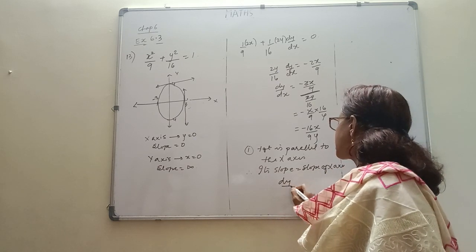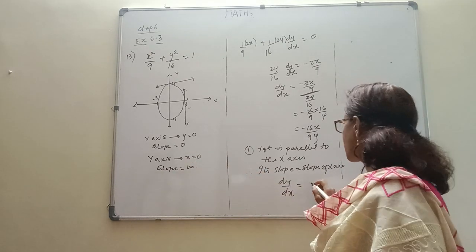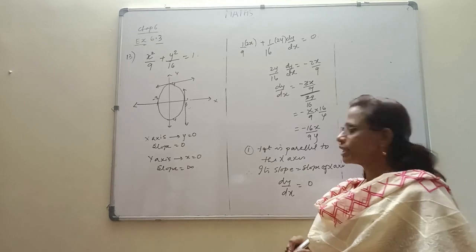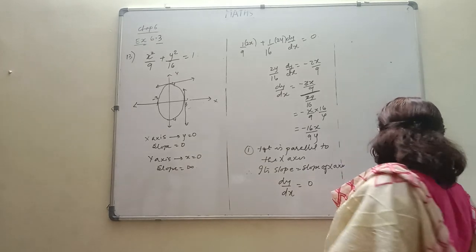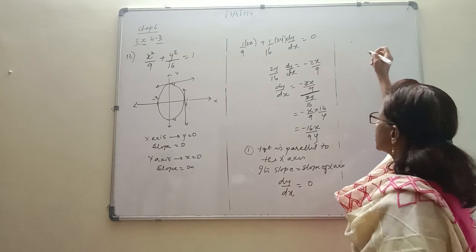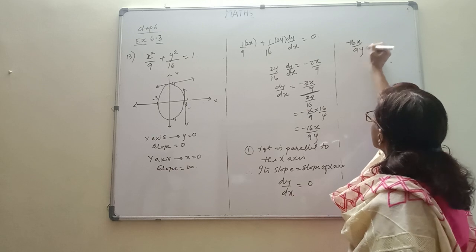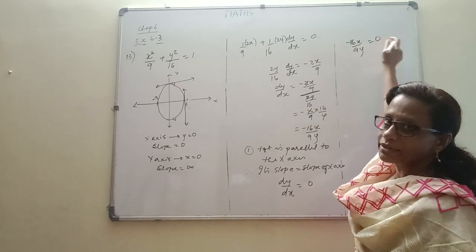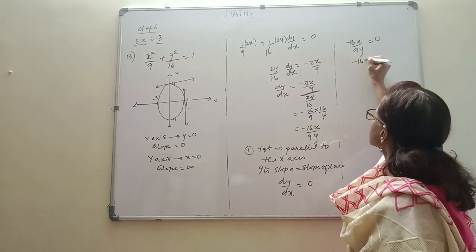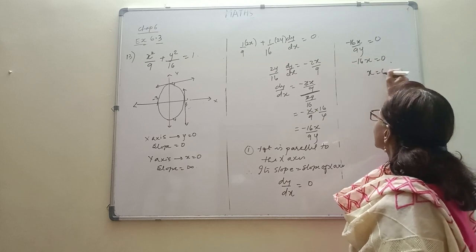Slope of the tangent is dy by dx and slope of the x-axis is 0. So now we can equate. You have your dy by dx as minus 16x by 9y equal to 0. So you can have the 9y going on the other side. So you have minus 16x equal to 0. Minus 16 can go on the other side, like that x is 0.